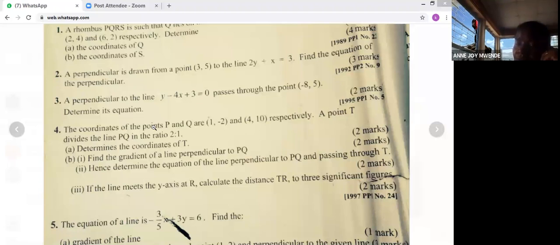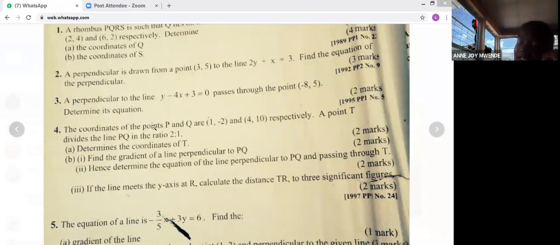We arrange it in such a way that the X of Q will subtract the X of P, then the Y of Q will subtract the Y of P. So we have PQ as the coordinate of Q, which is 4, 10, minus the coordinate of P, which is 1, -2. So you have 4 minus 1 is 3, and 10 minus 2 is 12.